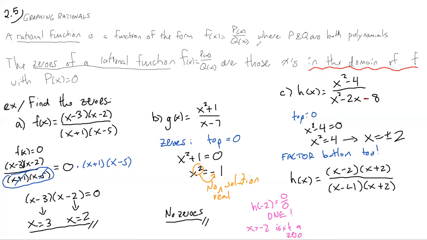because it's undefined there. And the other way that we could see that is by doing the cancellation of the x plus 2's. So in the simplified form, the only 0 from the top is x minus 2.